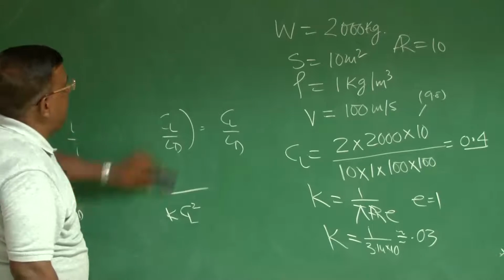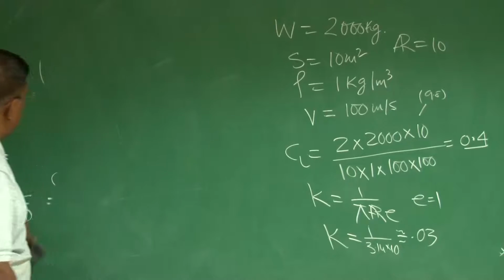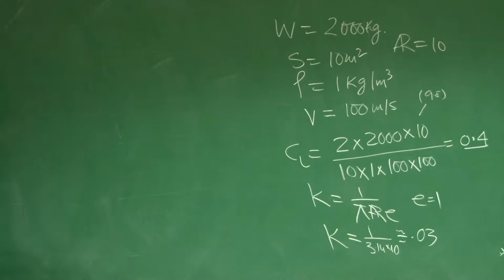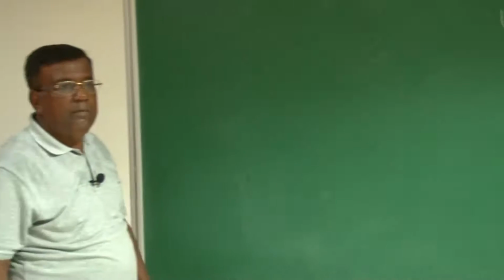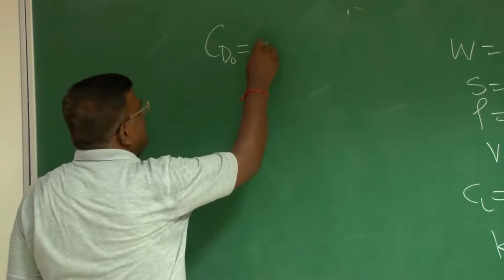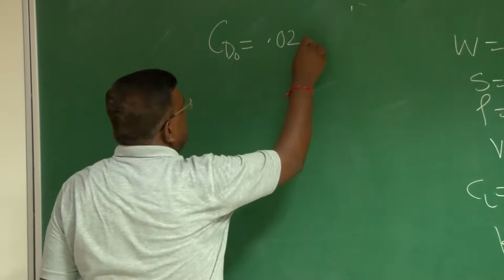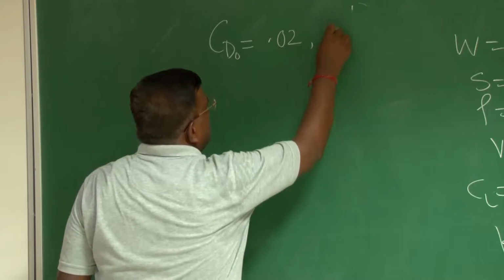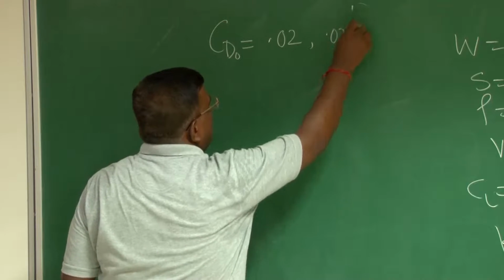What will be the typical value of CD naught? You have done the airplane performance course, and you could see that CD naught is typically 0.02, 0.021 to 0.025, like that.